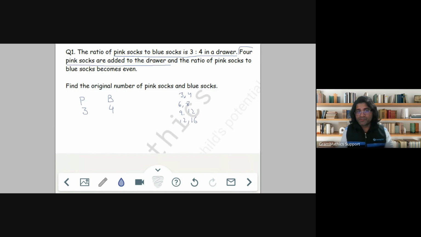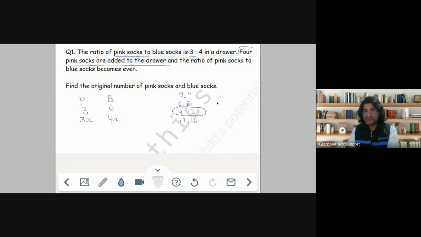And I cannot make 100 entries for 3:4 because there are unlimited equivalent fractions, which is where I use a little bit of algebra. So what I say is the ratio is 3:4, which means the socks will be in the ratio of 3x:4x. Isn't it? So if x is any number, for example, if the socks were supposed to be 9 and 12, I don't know the real answer, I'm just guessing.